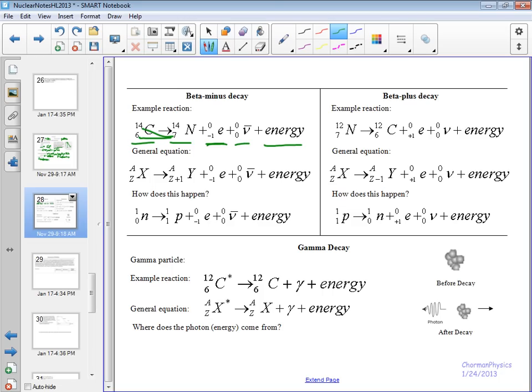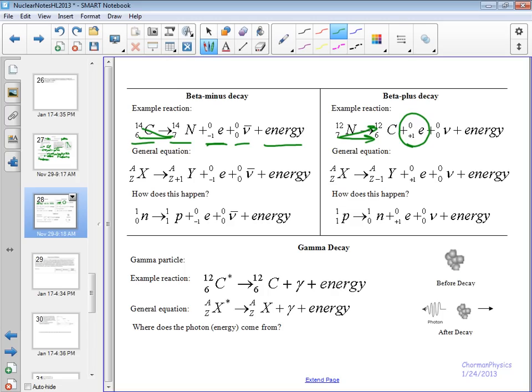In order for that to happen, we need to emit an electron and an antineutrino along with whatever kinetic energy. For beta plus decay, a proton turns into a neutron, so the atomic number decreases. When that happens, you have to emit that positive charge, which comes out as a positron, with some mass, and the neutrino and some energy.